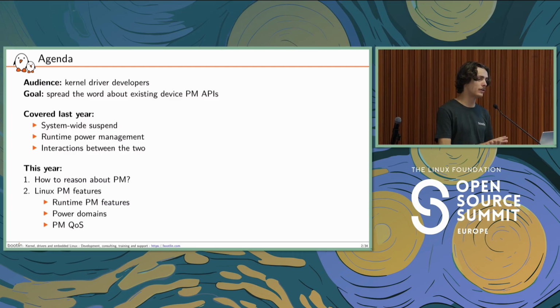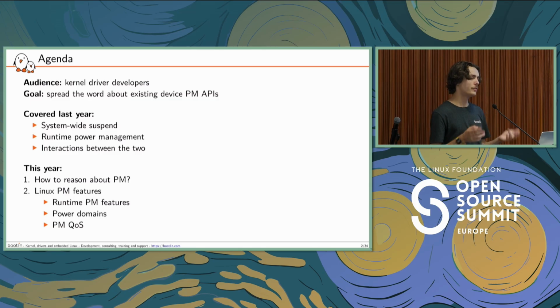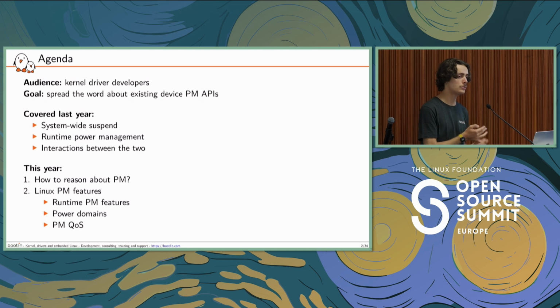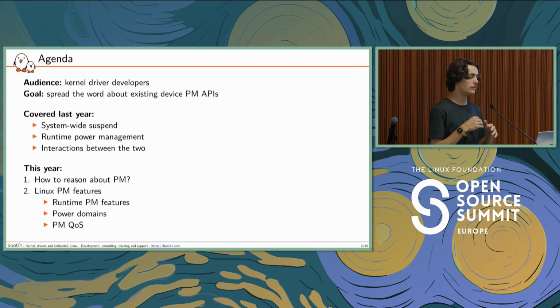We'll be talking about Linux power management, which I'll abbreviate to PM because it's going to be way too long otherwise. I'm going to be out of time. We'll cover runtime PM features. So we talked about that last year, but I want to cover some more features because there's a lot to cover. It's pretty simple if you start looking into it, but then you get into many quirks.